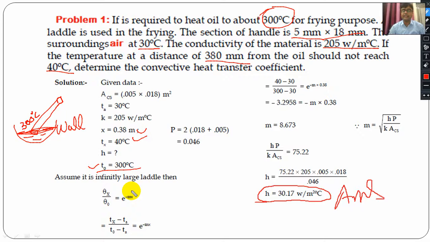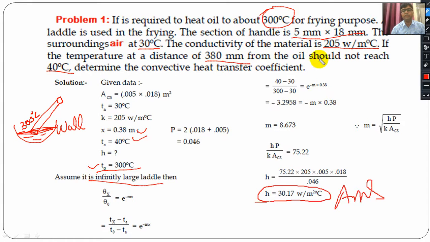Now the question is for fin cases. In most of the problems, it is not mentioned which type of case it is. Either you consider the infinitely long fin, or the finite fin with an insulated tip, or heat transfer at the tip by convection. So how can you judge whether it's an infinitely long fin or a finite fin? Use your presence of mind by considering the area of cross section and the length of the fin.